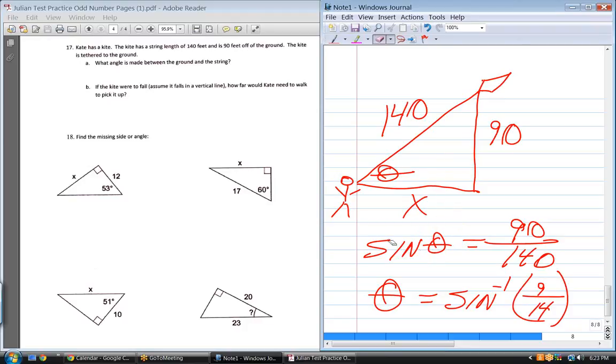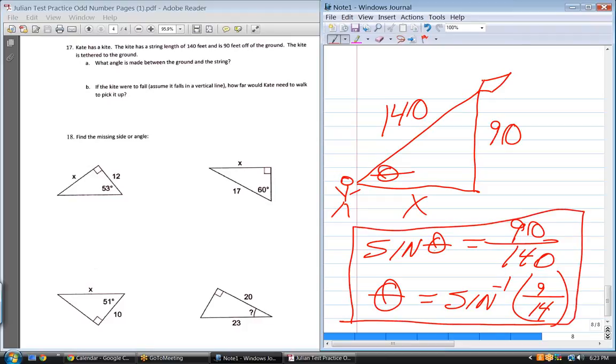If our picture tells us that the sine of theta is 90 over 140, then to solve for theta, we got to take inverse sine, not inverse cosine. It's got to be the same trig function. These two mean the same thing. This is an if and only if. If the sine of theta equals that, then theta equals the inverse sine of that ratio.